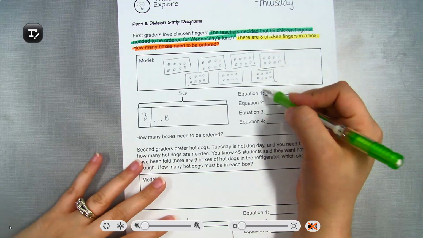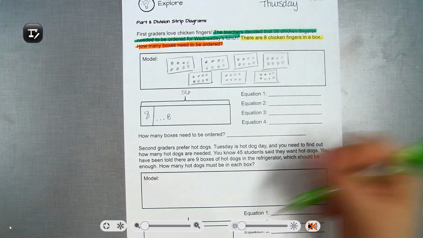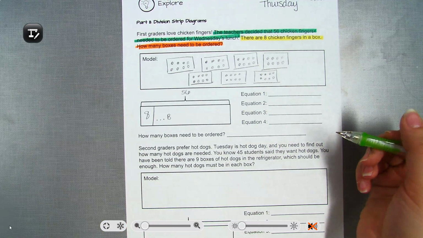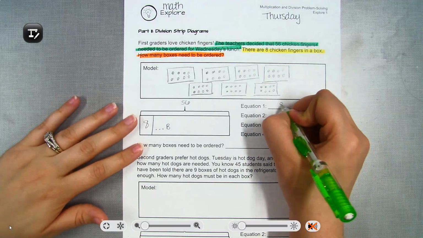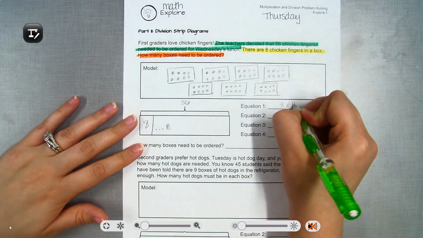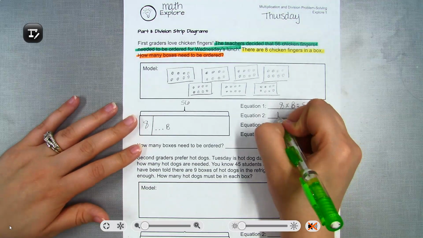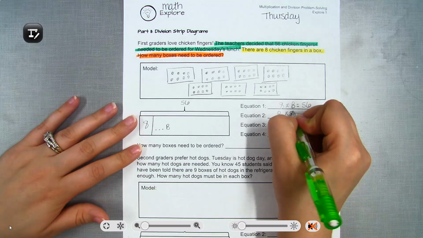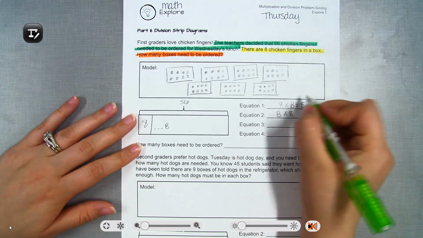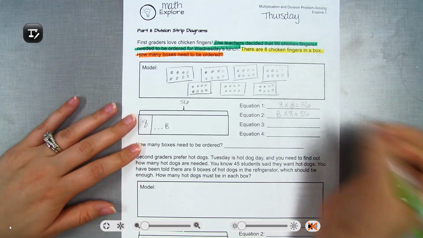Well, there are 4 ways you can write your equation, because we can also show this as a multiplication problem. We can say 8 times blank equals 56. We can say blank times 8, because I don't know how many boxes, equals 56.